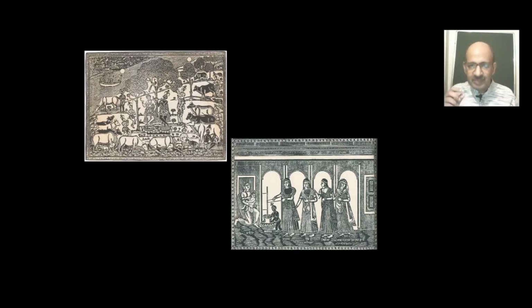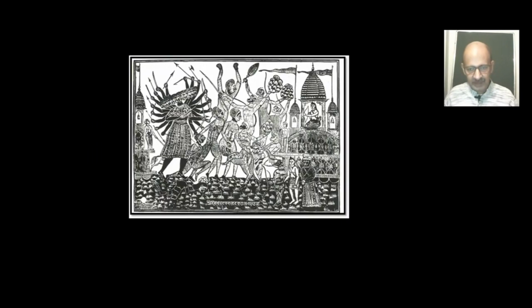Therefore, this particular printing technology, woodcut, and also simultaneously lithography, became very, very popular, and therefore this printing technology almost replaced the hand painted popular forms of painting like Kalighat painting, and before that company painting.